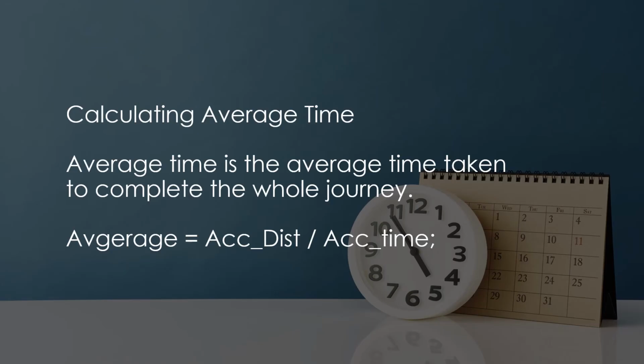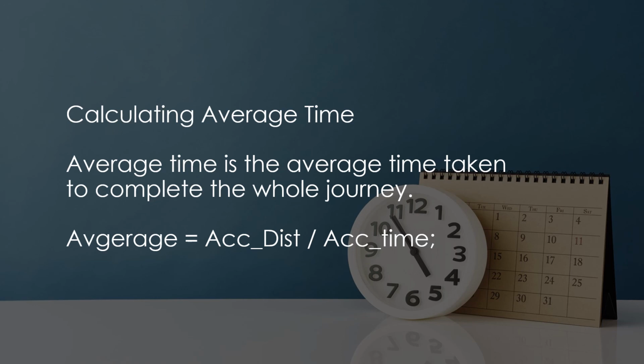Calculating average time. Now the average time taken is the time to complete the whole journey. First, if it is moving north with the direction of wind and travel direction being opposite to each other along with a strong wind, then it would contribute a different value.